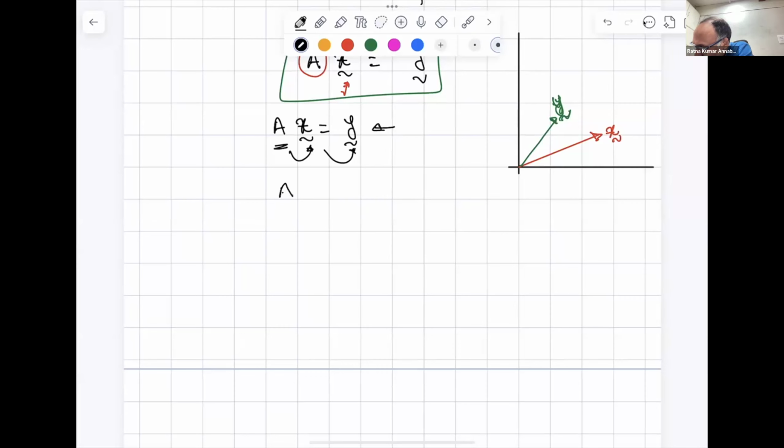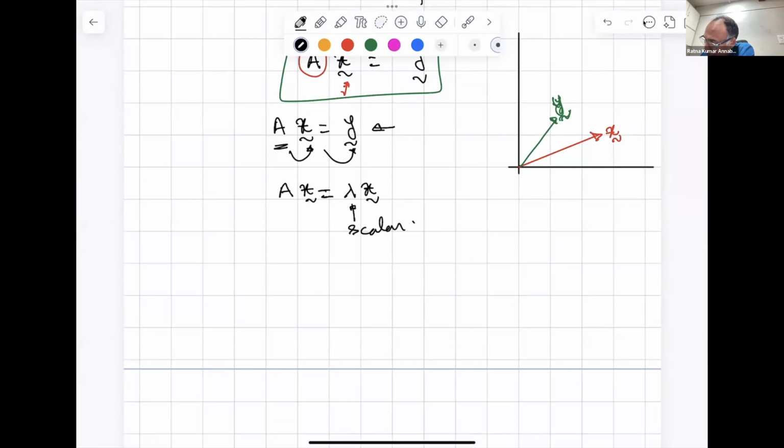Let us say when you are doing AX, the result is not Y, but Y is lambda times X. What is the meaning? Lambda is a scalar.